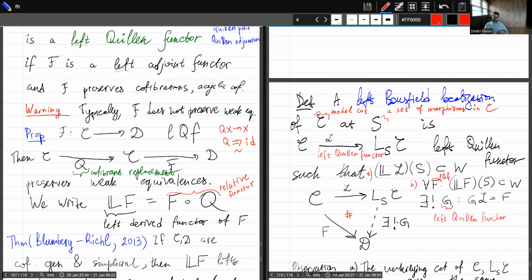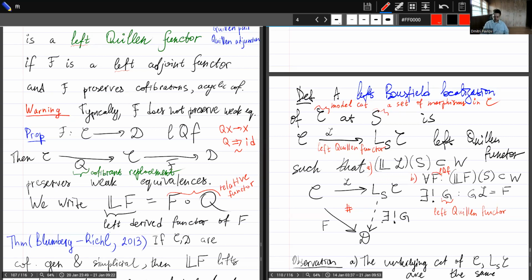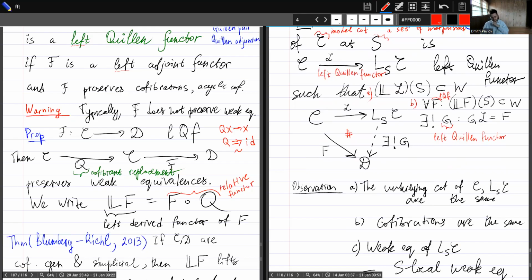For example, I'm saying G is unique not up to a unique isomorphism, but it is actually unique in the strict sense. And this is by design because the stronger property, of course, the strict property will imply the not so strict property, but the strict version allows us to sort of fix a specific model for the left Bousfield localization.